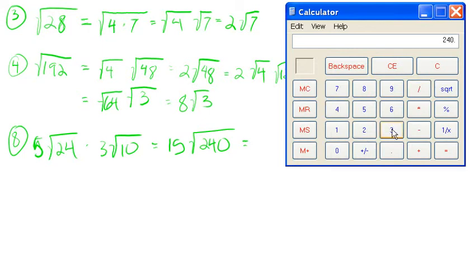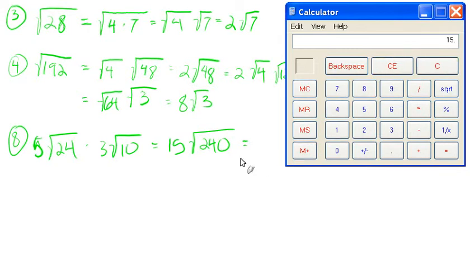Maybe by 36? No. 240 divided by 25, no. 16. Let's go with that. Let's go with 16. That's a pretty big one.